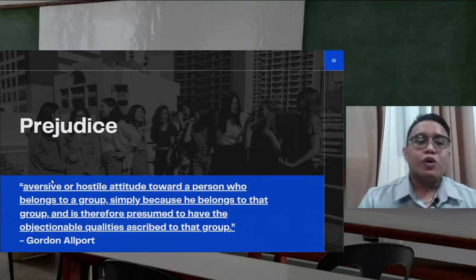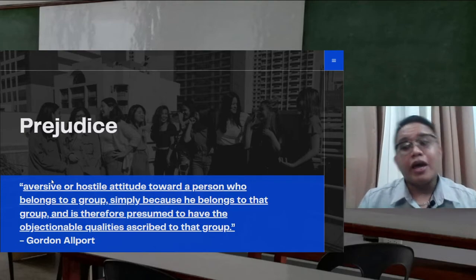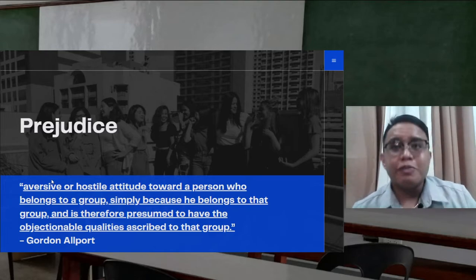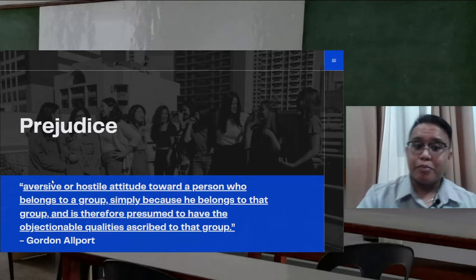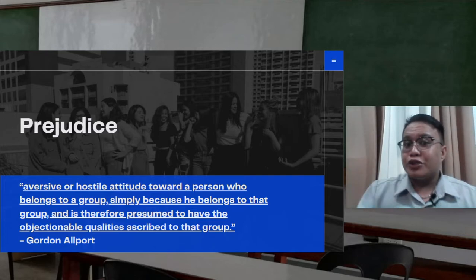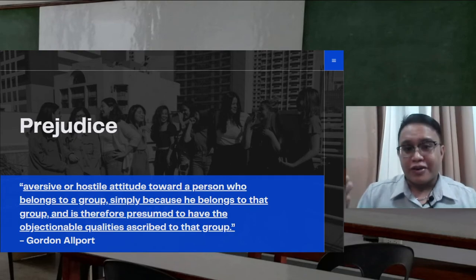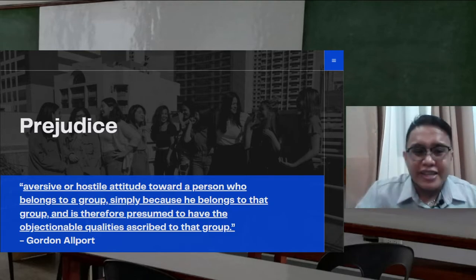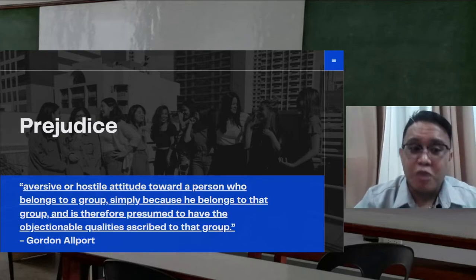So we can say there may be a prejudice that African American fathers neglect their children. Just because he is an African American, I will have a prejudiced idea of him that he's an irresponsible father. This is where racism kicks in, and all the isms you can think of.